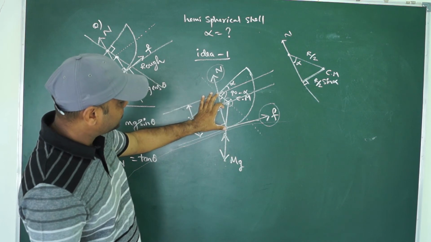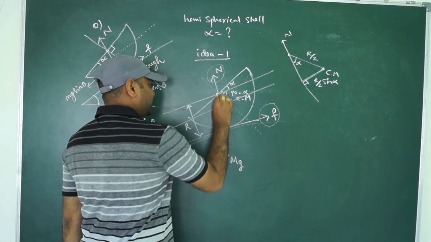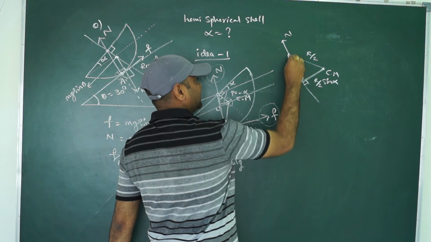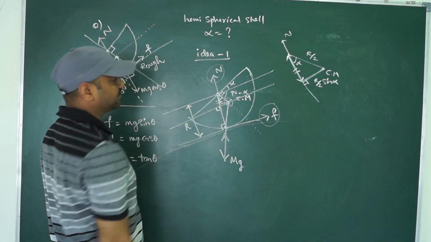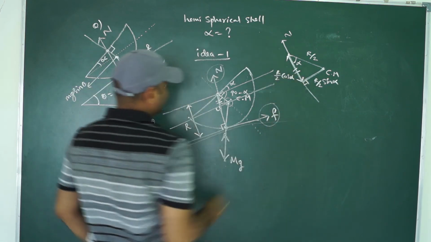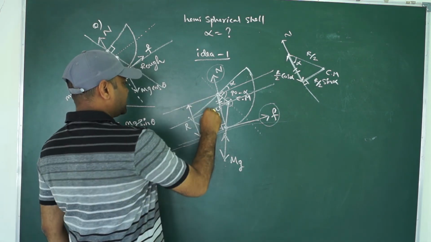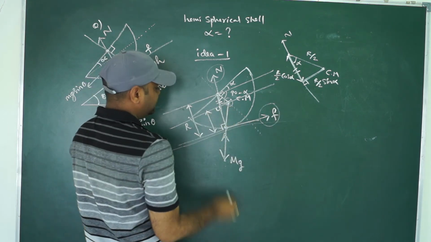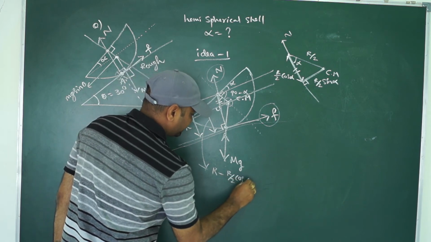The distance between these two points should be r only, the radius. And we require this length. Check that these two lengths are the same, which is r by 2 cos alpha. So now this length is r by 2 cos alpha, the total length is r, then this perpendicular distance for the friction about the center of mass is r minus r by 2 cos alpha.